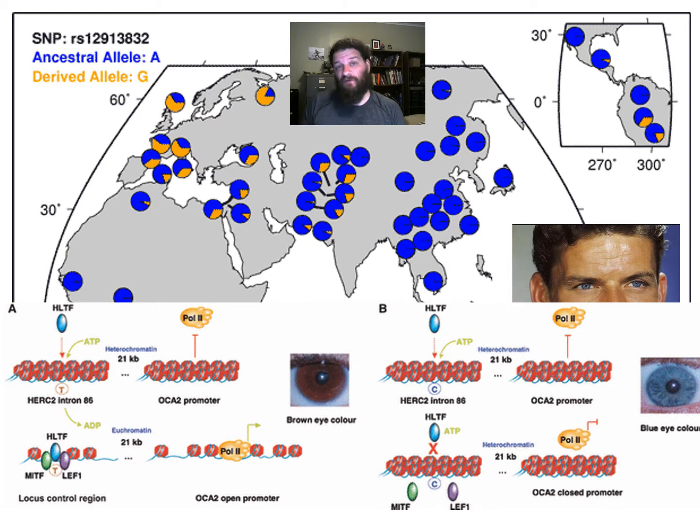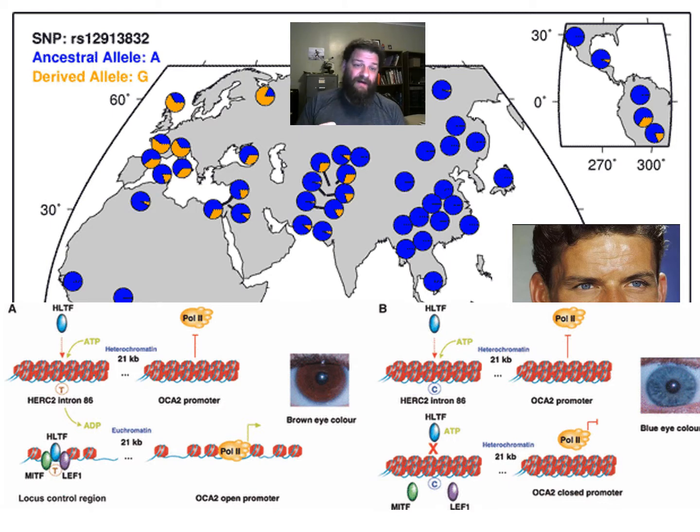Now, the OCA2 protein involves the development of melanocytes within the iris, the stroma of the iris of your eyes. And the more melanocytes you have there, the browner the eyes are.